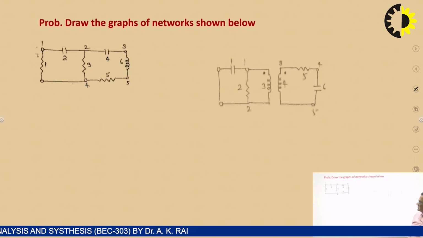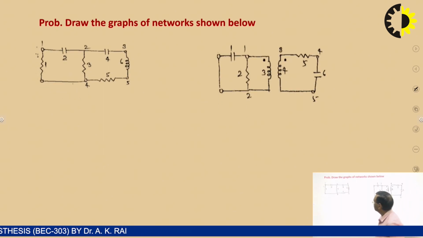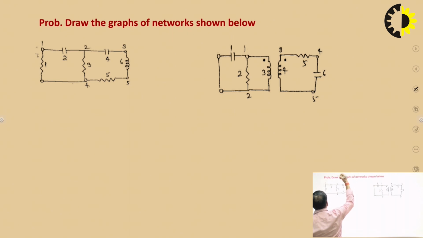Suppose there are two networks as given, and you are required to draw the graph of the network. We can see how many nodes there are. This is one node, two node, three node, four node, and five nodes.